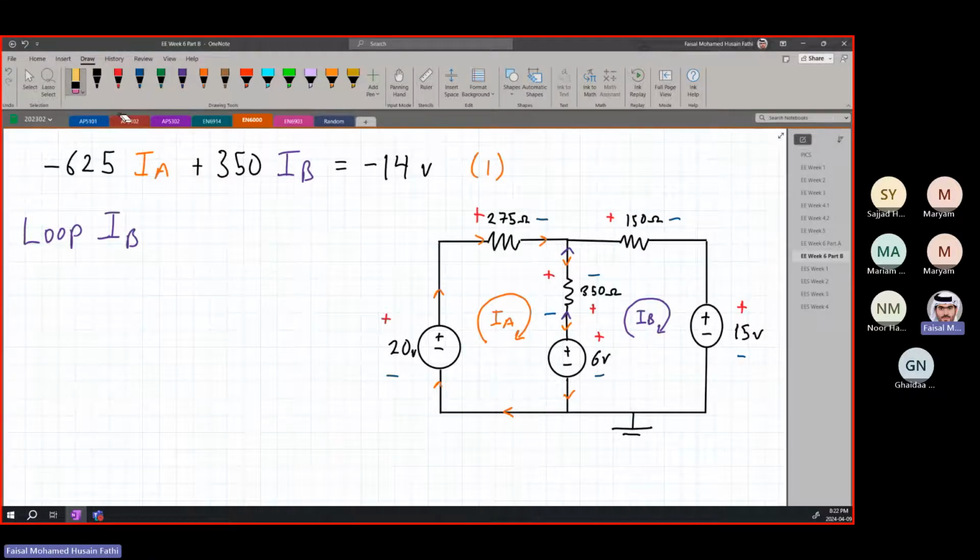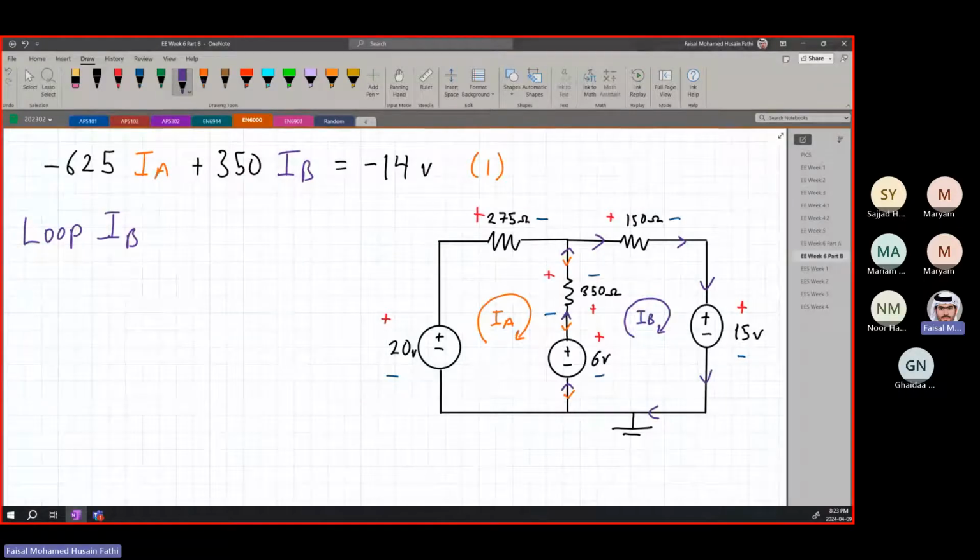So we don't care about IA. We are not going to look at it from IA's perspective. So we're not looking at this current at all. And then we're not looking at this. We are looking at IB that is going in this direction, or that we assumed is going in that direction.